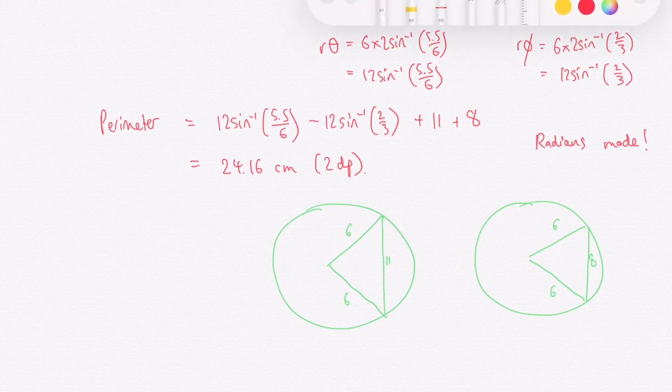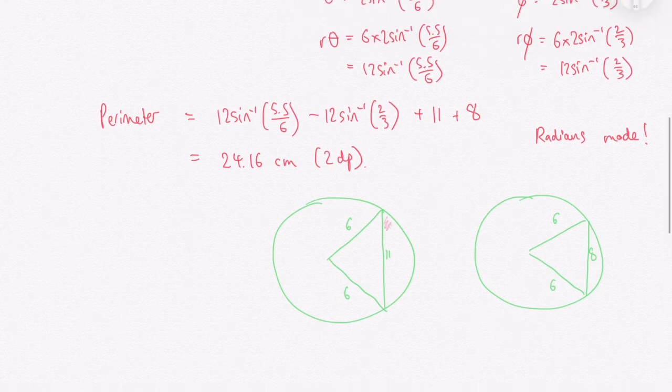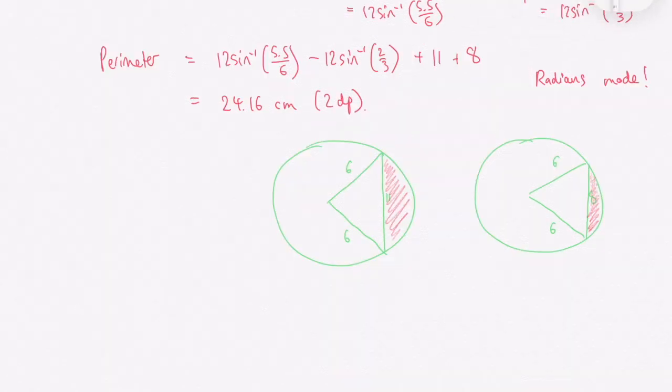If we can find this area here and then subtract this area here, we'll be left with the area bounded by those two curves. Firstly, I'm going to label these angles the same as we did before. So this angle here is theta, and this angle here is phi.